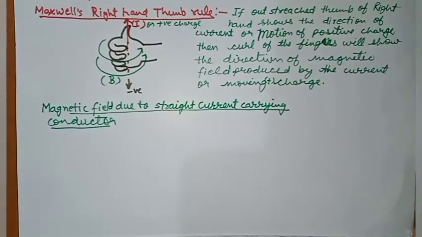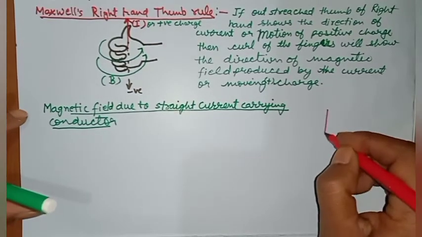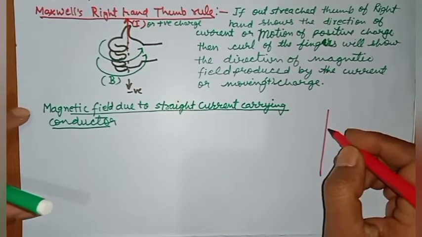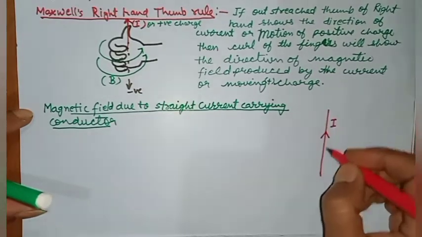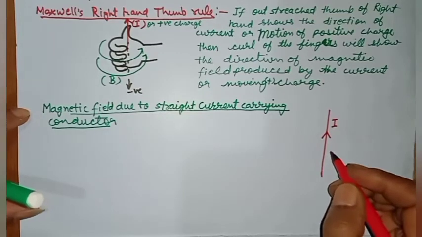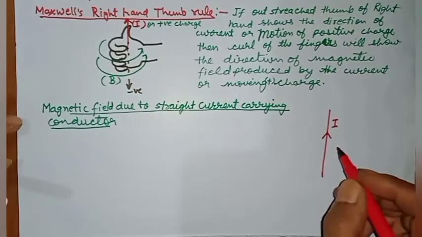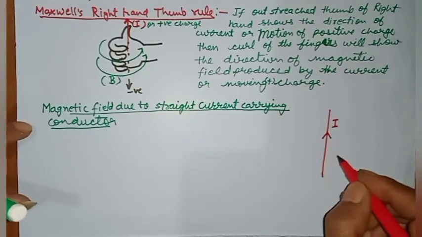All right, so a straight current carrying conductor. If this is a straight current carrying conductor carrying current I going vertically upward, then the direction of magnetic field due to this wire will be this way.